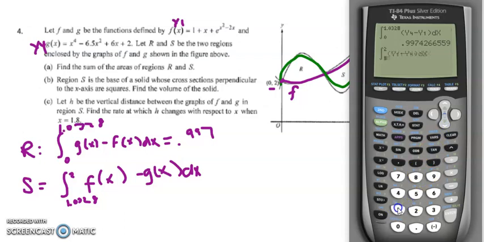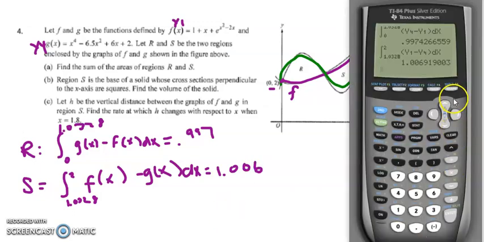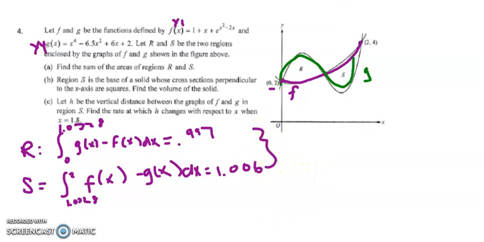The bottom limit will be 1.0328. And I'll hit enter and I get that this is 1.006. And if I bring that in and add, just to make sure I'm adding the most detailed numbers possible, I get that my total area was 2.004. So that is the sum of the two areas R and S.